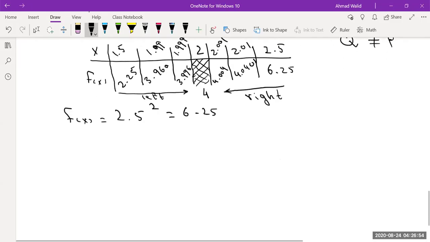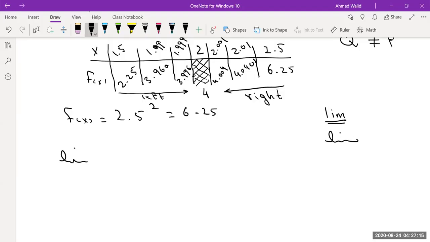Then I can say, based on this evaluation or this estimation, that the limit, I'm sorry, I'm writing limit like this, but you should always write limit like this. This is the symbol of the limit, the actual one. I'll write my limit like this.